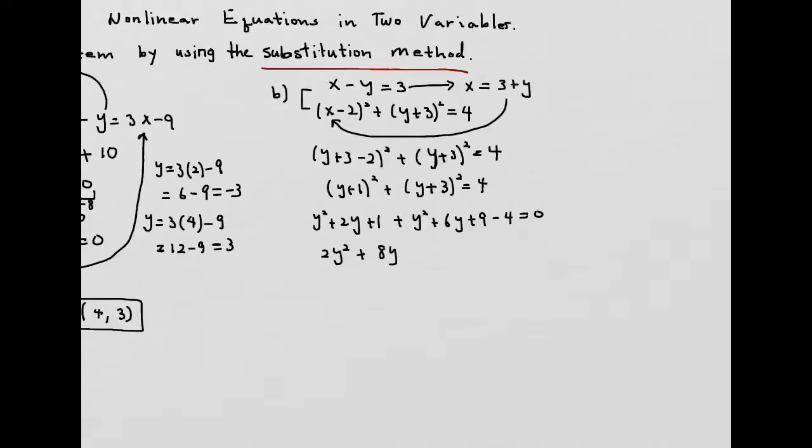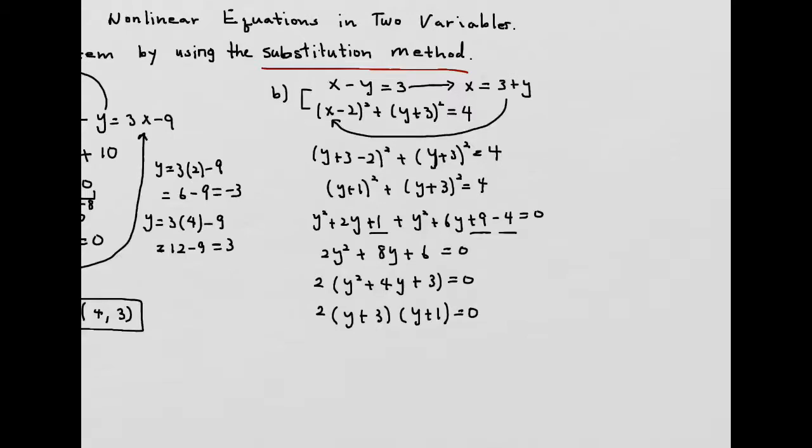And you have 1, 9, and negative 4. You get plus 6 equals 0. And I see the greatest common factor is 2, so factoring it out, you get y squared plus 4y plus 3 equals 0. When you factor that, you get y plus 3 and y plus 1 equals 0.